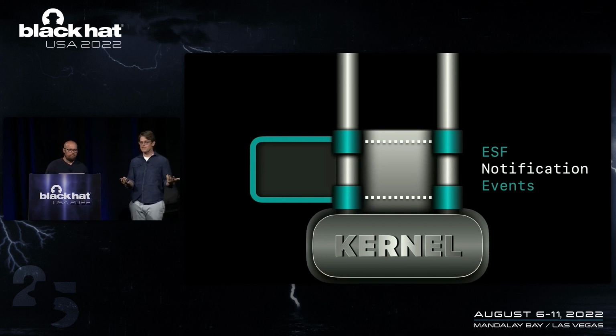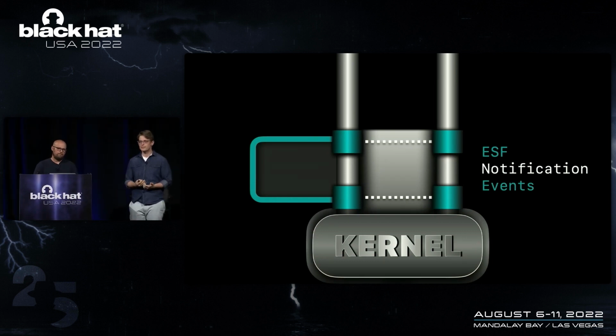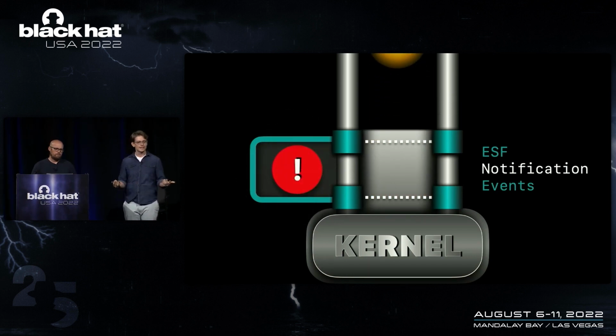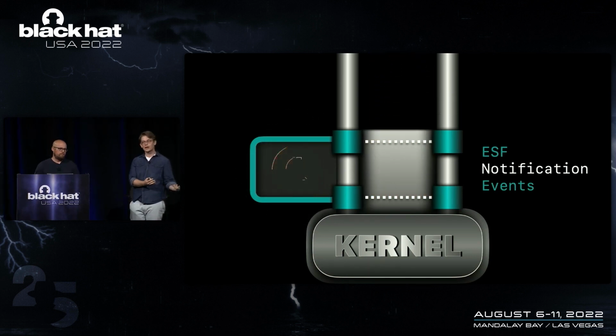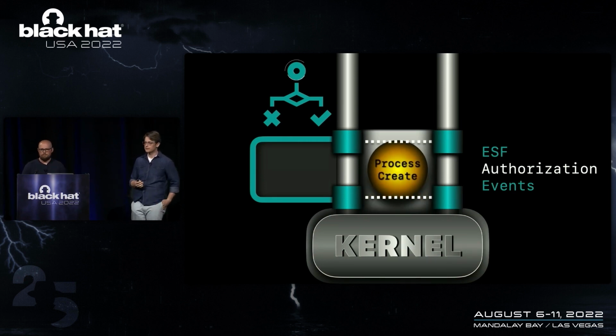They both deliver the same information, but notify events are simply meant to inform. So they let the system extension know that something's happened, and the system extension can use that information in whatever way it sees fit. Maybe it pops an alert to a console, or maybe it's forwarding data to a SIM. By contrast, authorization events actually hold up activity at the kernel.